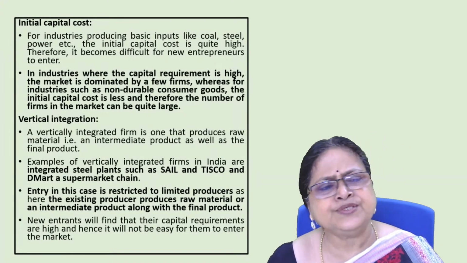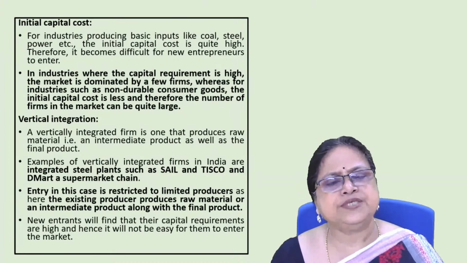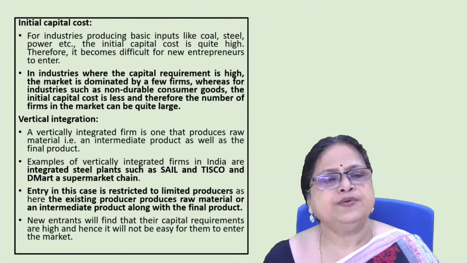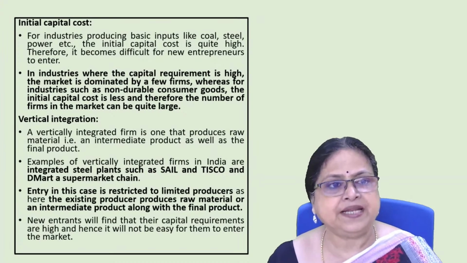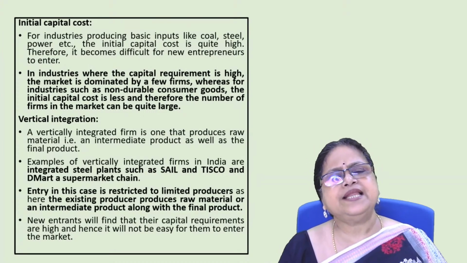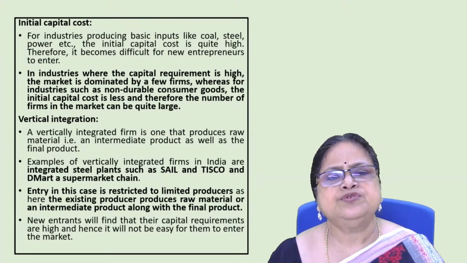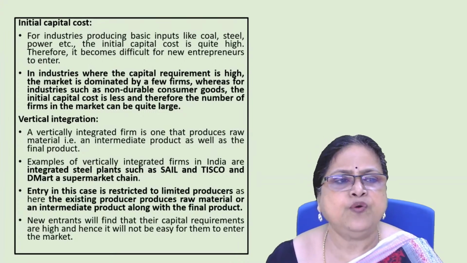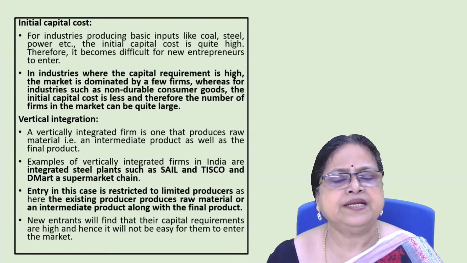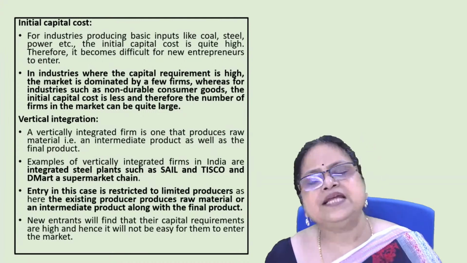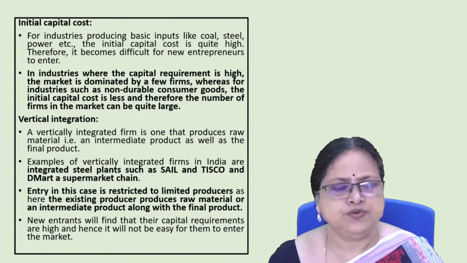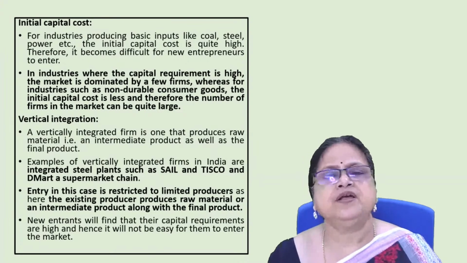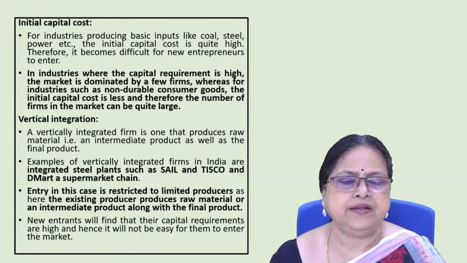The second situation in which it is difficult for newcomers to enter is initial capital cost. Industries producing basic inputs like coal, steel, power, etc., have a very high initial capital cost to produce those goods. Therefore, it becomes very difficult for new entrepreneurs to enter.